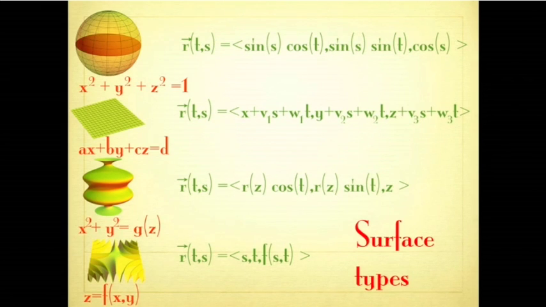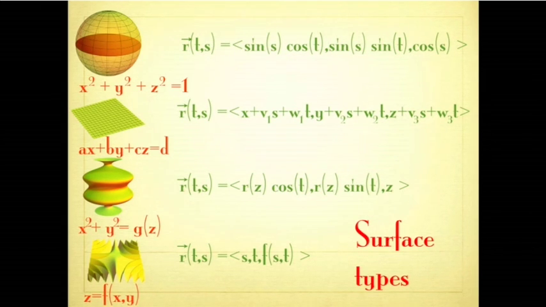So, and here on the left-hand side, you have also almost the implicit description. You know the sphere from the first lectures. You know the plane from the first week. You know this also from early on. This is maybe, you see that just now as cylindrical coordinates, r squared is g of z.